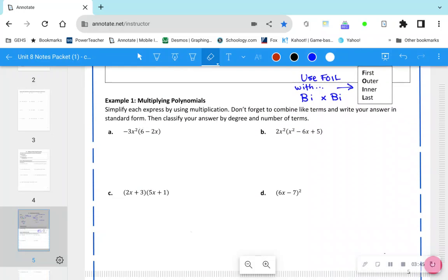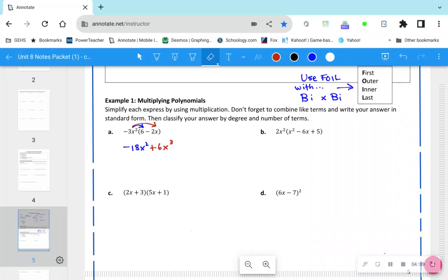So if we move down here to example A, actually we won't get to that FOIL technique until we get to example C. The first two here involve distributing. So first you distribute in that blue section there, -3x squared times 6, and that's where that -18x squared comes from. And I've color-coded the red part too, so you can see where I got that.